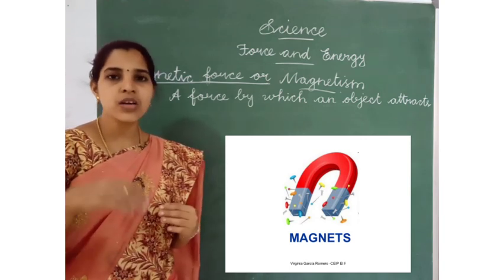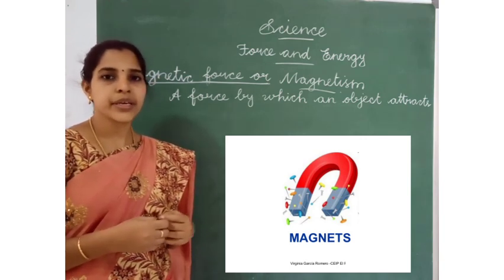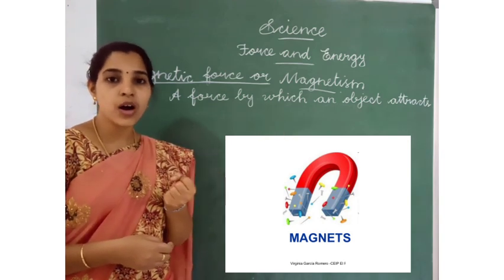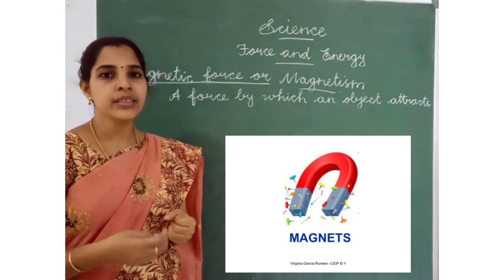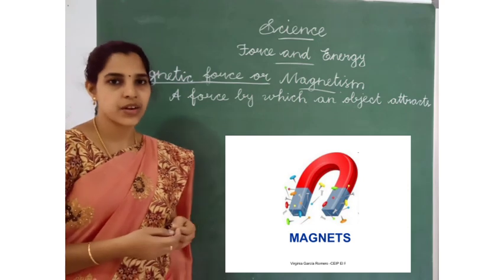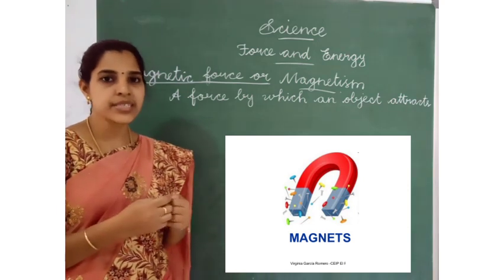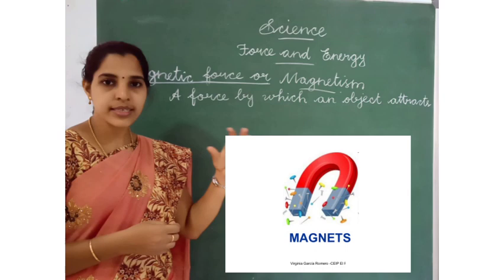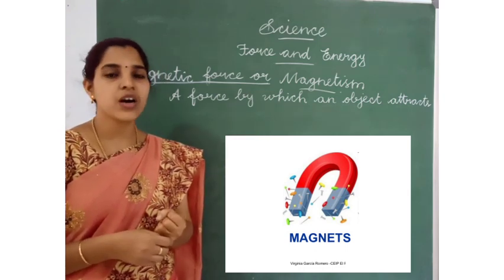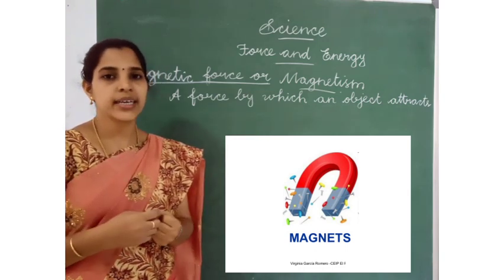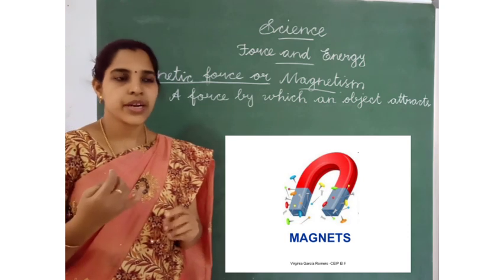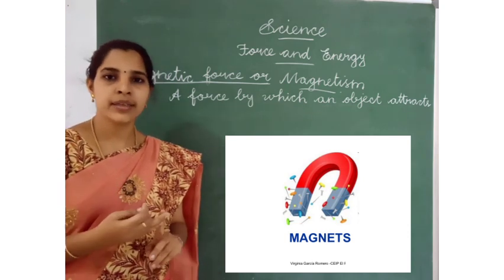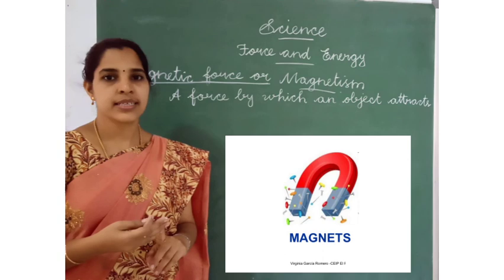Magnets have a special property. That means magnets pull the objects made of iron or nickel towards itself. Pull the object means attract. For example, blade, pin, nails.